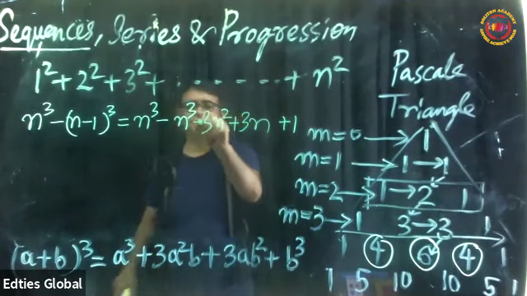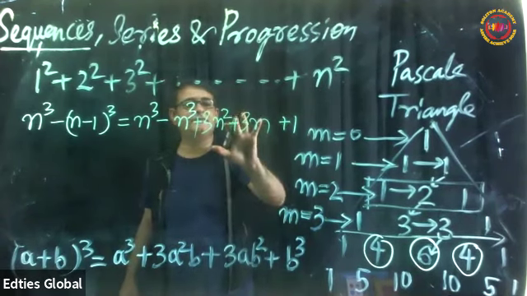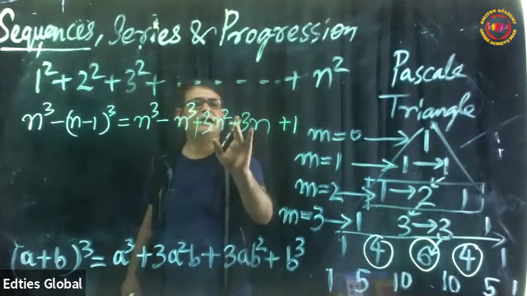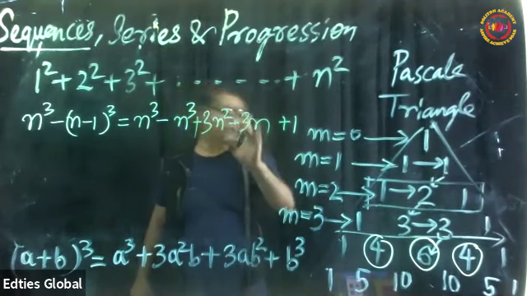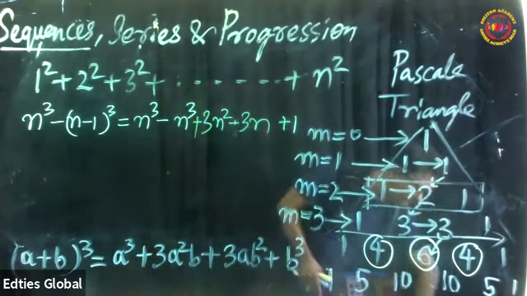This is minus, so this will become plus, and this will become minus. Can you confirm my expression is correct?